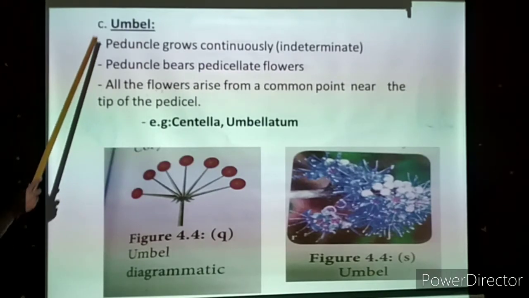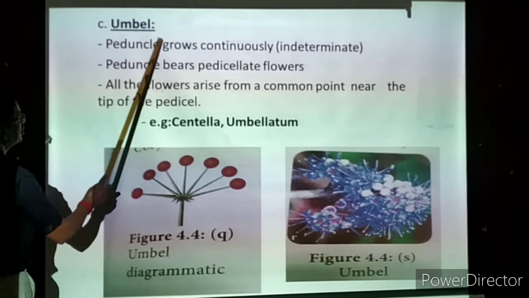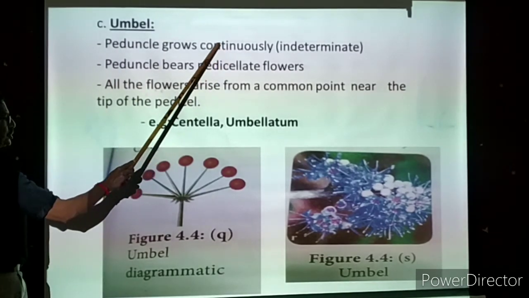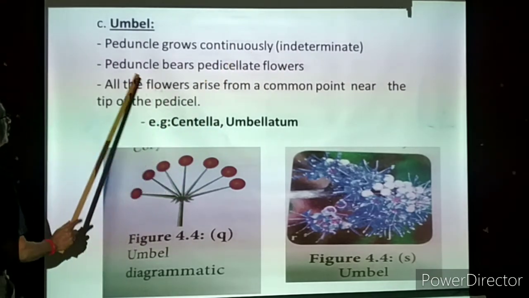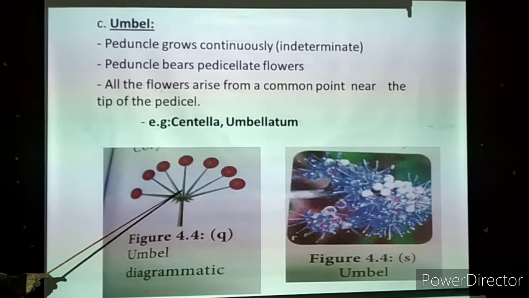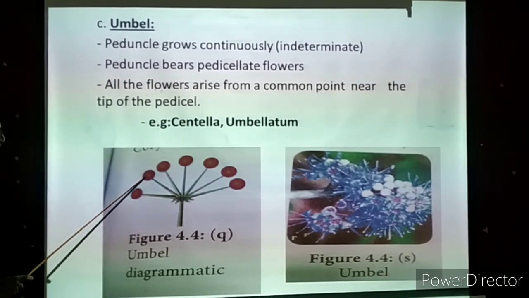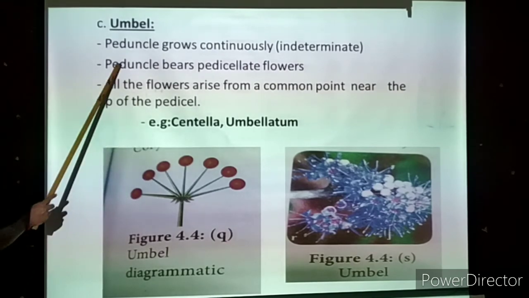We are coming to the third one, umbel. The third one is umbel. The peduncle grows continuously. Now because it is coming under racemose, continuously, that is indeterminate. The peduncle bears pedicellate flowers. Now this is the peduncle, still growing, but all these flowers are pedicellate. An individual stalk will be present.